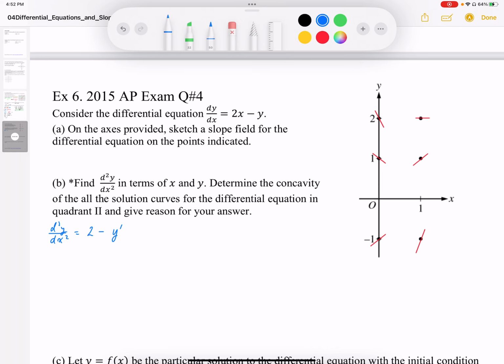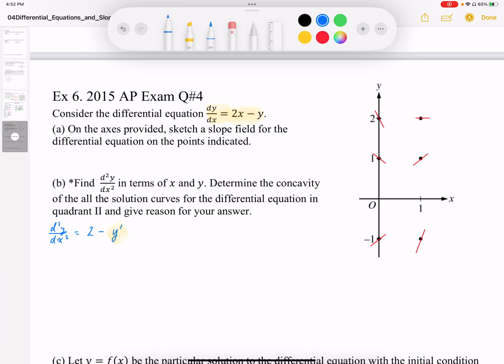Okay, so the difficulty with this is that now we have a second derivative in terms of y prime and not y. But what we can do is use the original definition here. This expression is y prime, and we're going to replace that y prime with that expression.